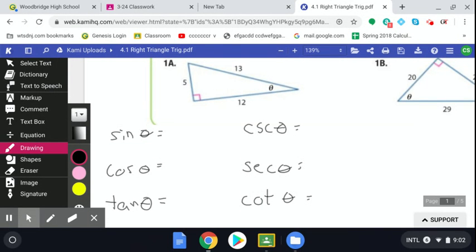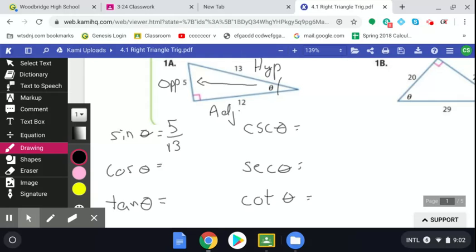So now it's just a matter of finding out what the opposite, adjacent, and the hypotenuse sides are. So if theta is here, this is opposite. Across from the 90-degree angle is the hypotenuse, and what's left over is adjacent. So now I can say that sine theta should be opposite, which is 5 over hypotenuse, which is 13.